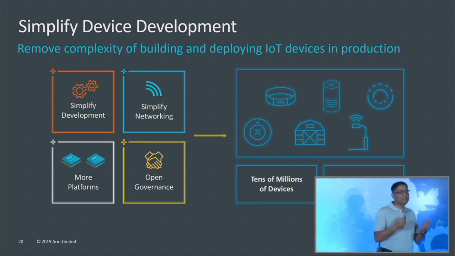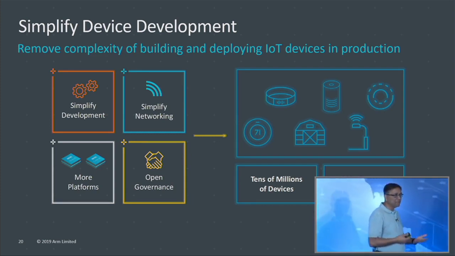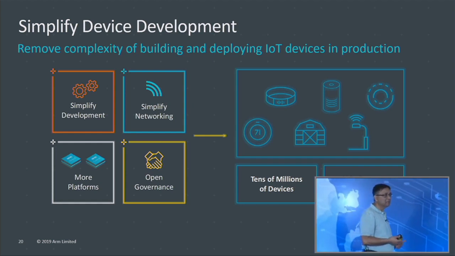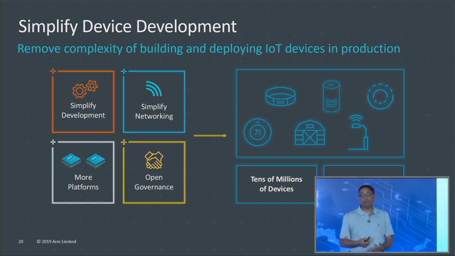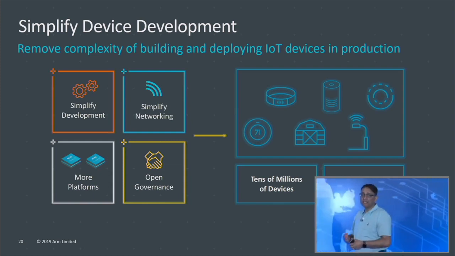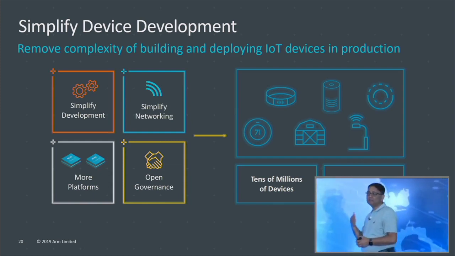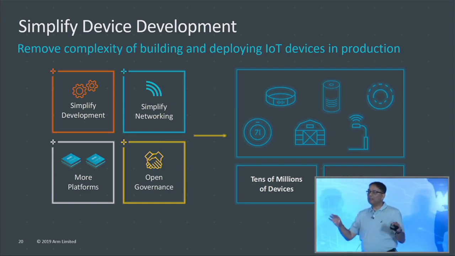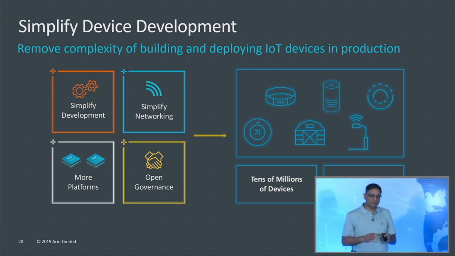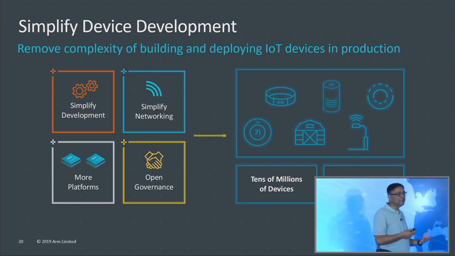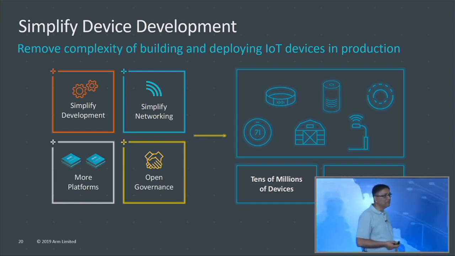And so we've made it easy from multiple perspectives, right? It comes with a tooling environment, it comes with different connectivity stacks, it comes with common support for networking, TLS, and so on. All of these are common things that you need regardless of what your device is doing. And so we felt we need to really make it easy for that to happen.